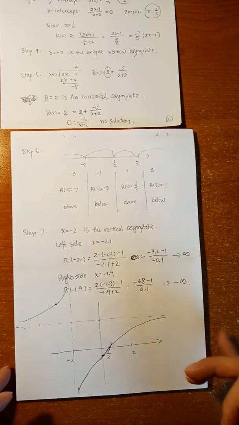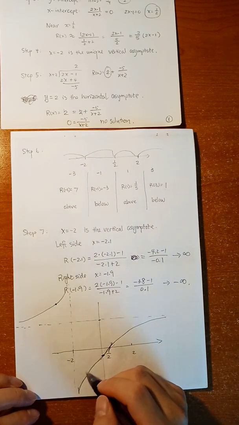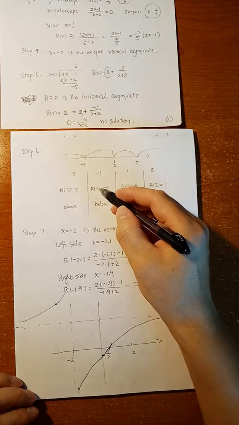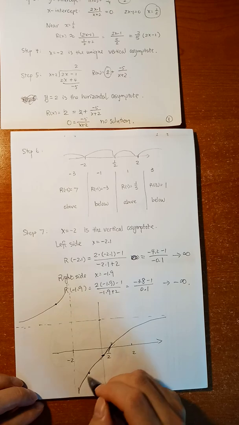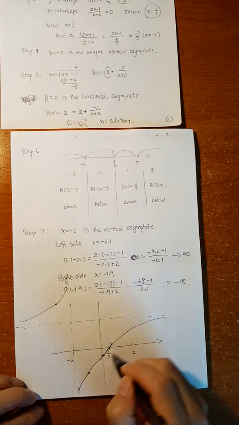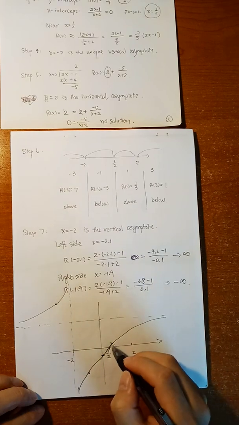So you see here, if you want more precision, you can evaluate at -1. Where is the -1? At -1 the value is -3, so it's this place. You just try to connect them with a smooth curve.